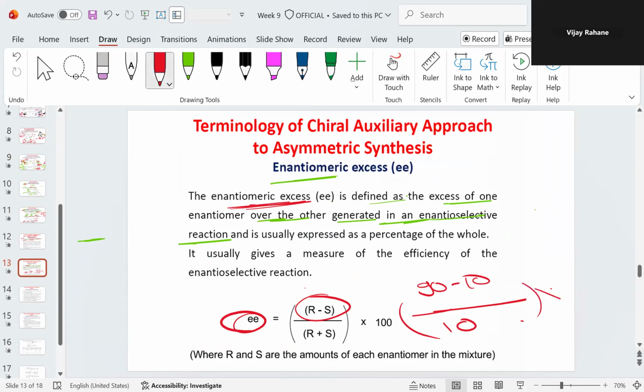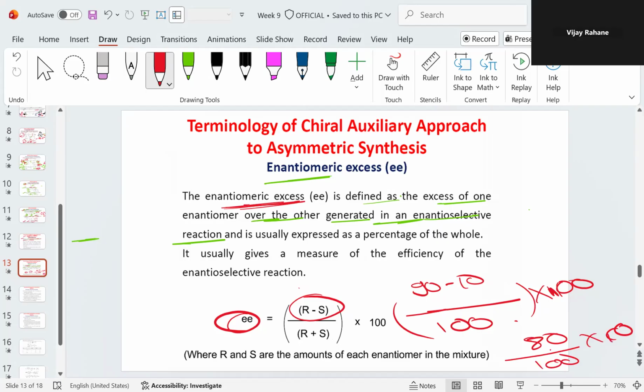If you want it in percentage, we multiply by 100. So here it is 90 minus 10, which is 80, divided by 100, multiplied by 100. Basically it will be an 80% enantiomeric excess. So in the example I showed earlier, the enantiomeric excess was 80%.